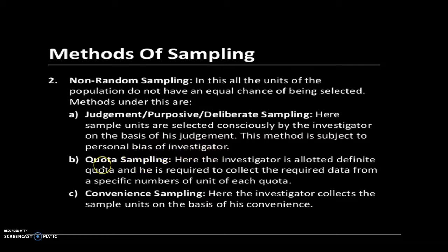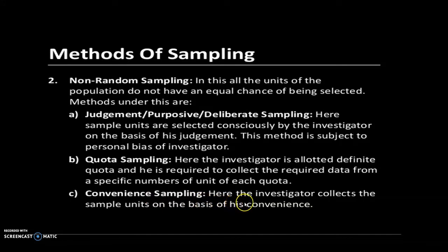Then the second one, quota sampling. Here the investigator is allotted a definite quota and he is required to collect the required data from a specific number of units of each quota. Then the third one, convenience sampling.